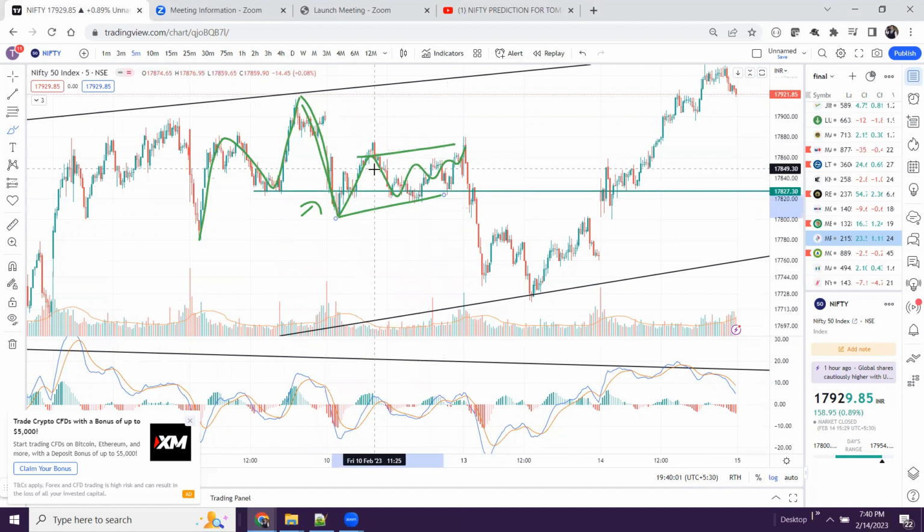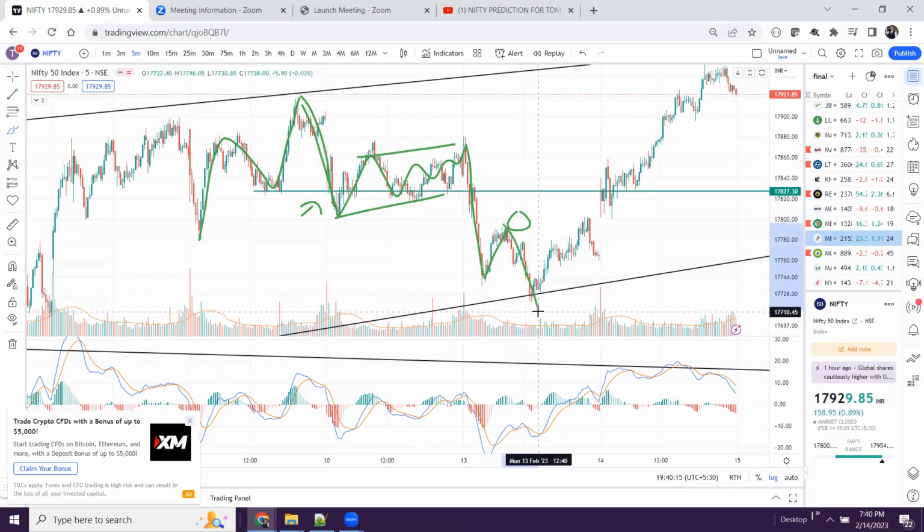So this was the time to enter short, and again it broke this. After this, you can see again it went up, and this was a new lower high, and again it broke. This is how you enter these sell setups.